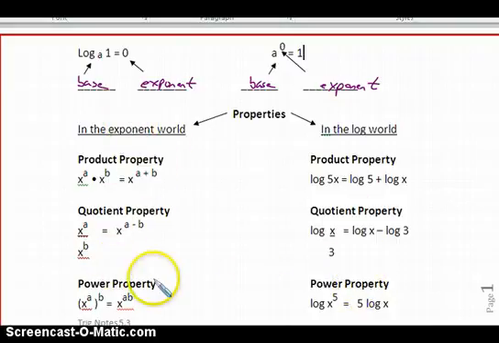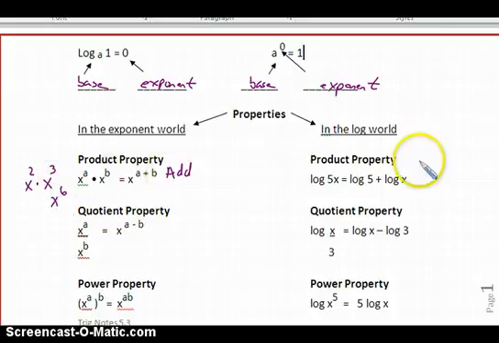We're familiar with the properties in exponent world. For example, if you have x raised to the power a and you're multiplying by x raised to the power b, we know that we add the exponents to get our answer. So for example, x squared times x to the third, you would end up with x to the sixth. So when you multiply, you actually add.